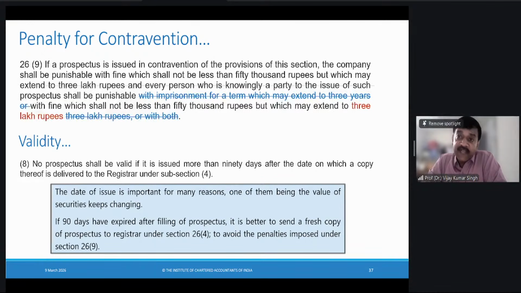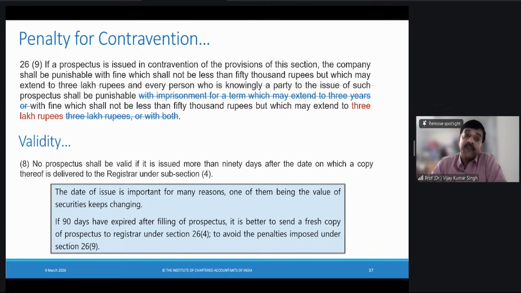However, there is a criminal liability for misstatement in the prospectus. We will talk about it in a while. There is a requirement of intention. So it becomes a more complicated issue. And when we discuss the liability for the prospectus, we will talk about it in detail. So the penalty is quite hefty, right? 3 lakh rupees is a good amount, 50,000 rupees as a fine.